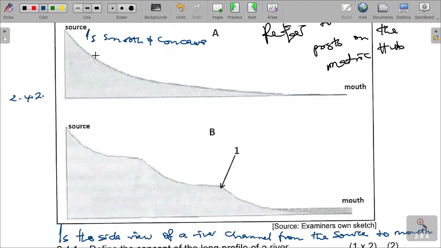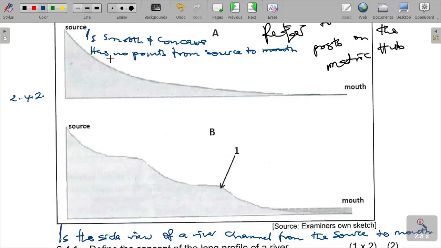It does not have points from source to mouth. So we call this river profile what?